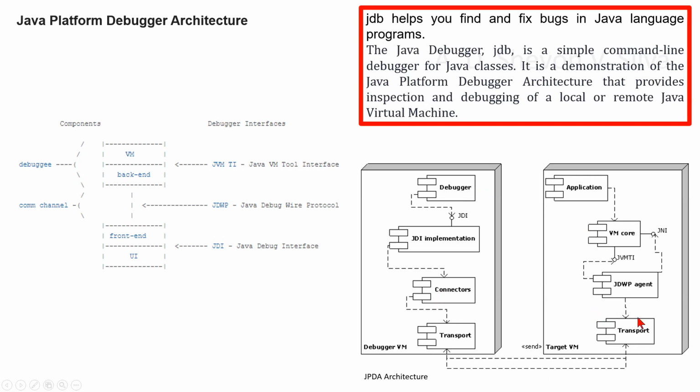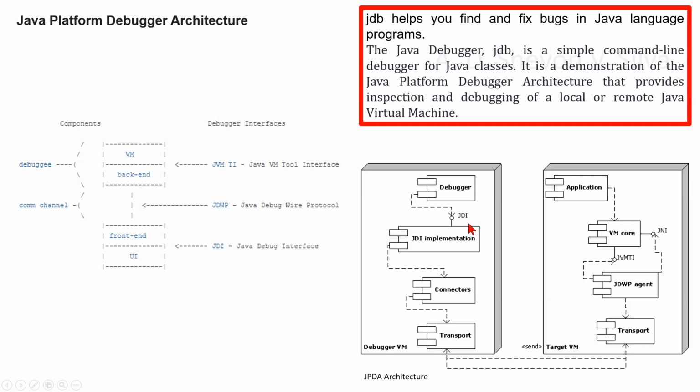Here you can see another view of the JPDA architecture, the structure. Java Debug Interface, JDI, a high-level API used by a debugger to debug Java applications in a target JVM.